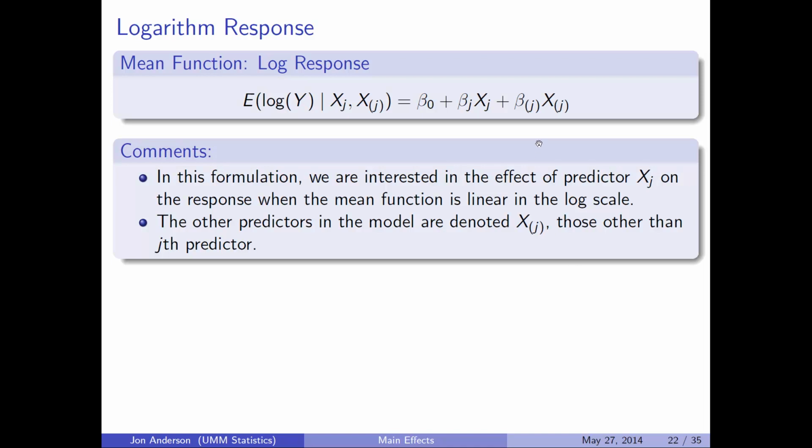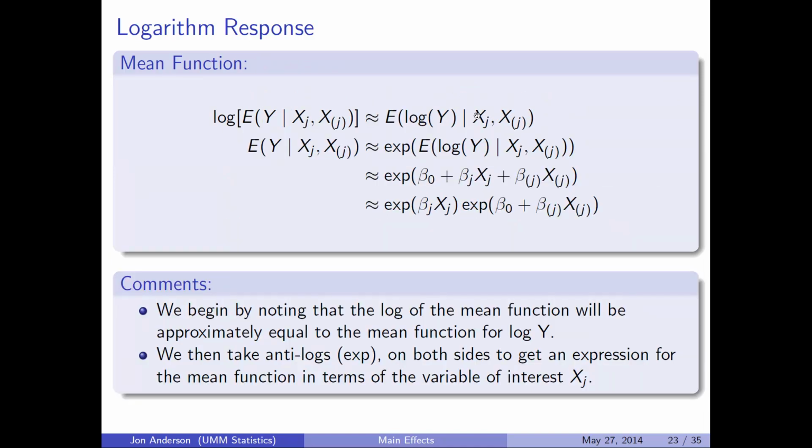The beta subscript parentheses j and the x parentheses j mean not the jth predictor. So x sub parentheses j means all of the regressors that aren't the jth one, and beta with the subscript parentheses j means all of the beta parameters that aren't associated with j. And we're going to talk about what is the impact of changing xj.